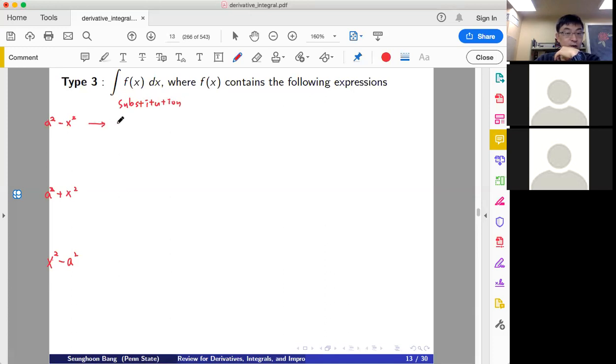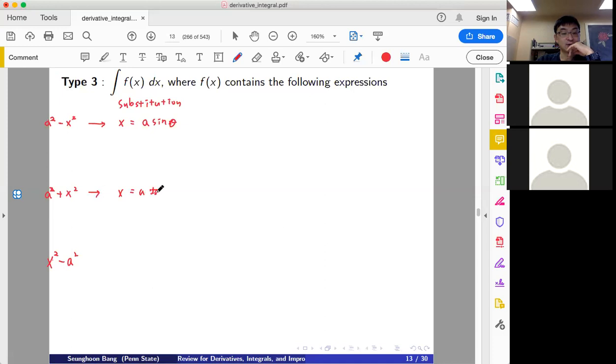We call this the trigonometric substitution, right? What is x? Remember, for the first case we have x equals a times sine theta. For the second one, a times tangent theta.